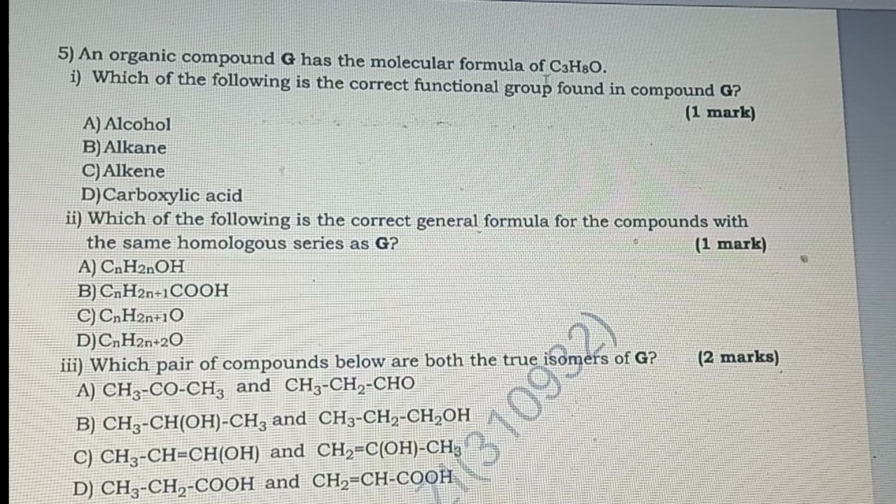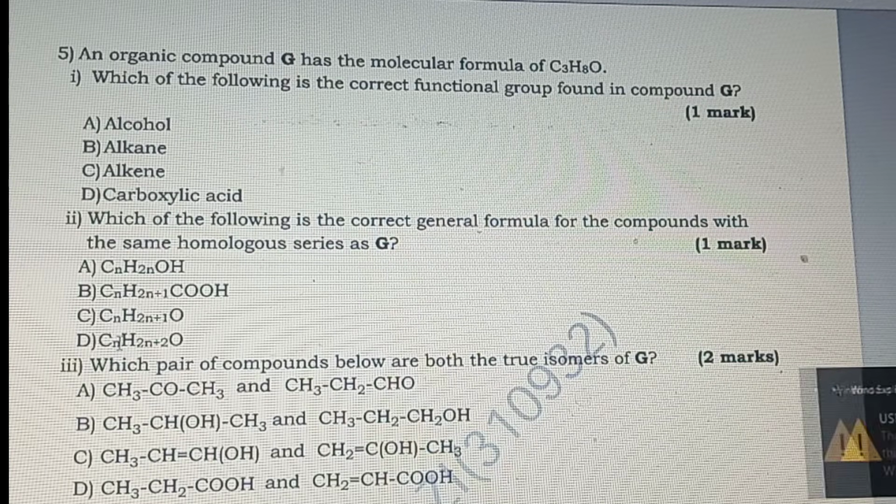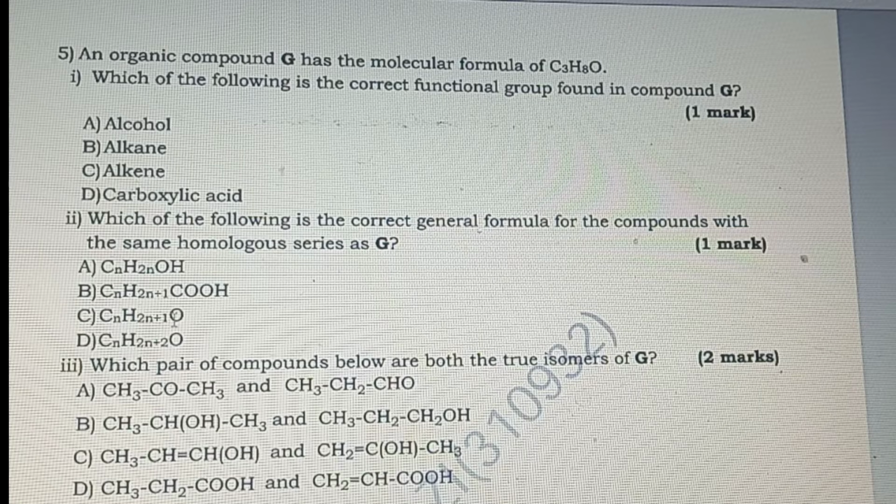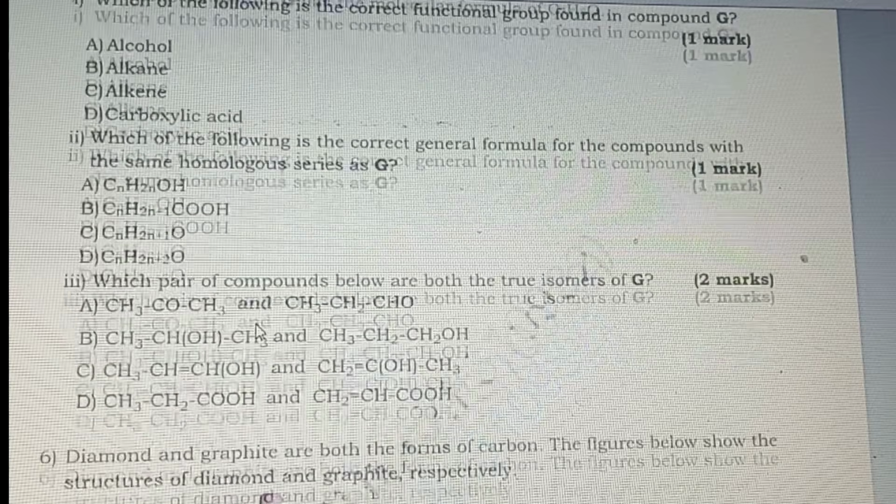When we replace N with 3, this is the molecular formula of G. It has 3 carbon, which means N is equal to 3. Carbon 3, hydrogen 2 times 3 plus 2, which is 6 plus 2, is 8. And then oxygen. You see, you get this molecular formula.